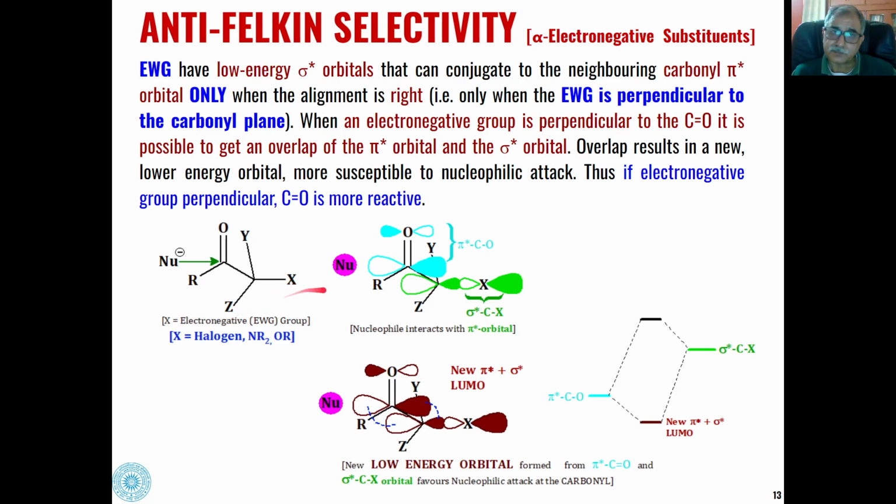Now the electron withdrawing group, say this one, has low energy sigma antibonding orbitals.